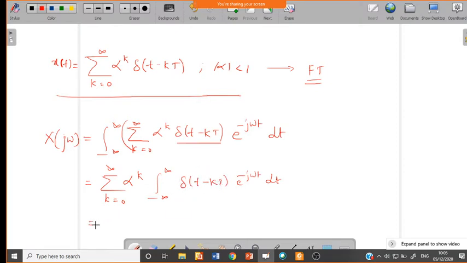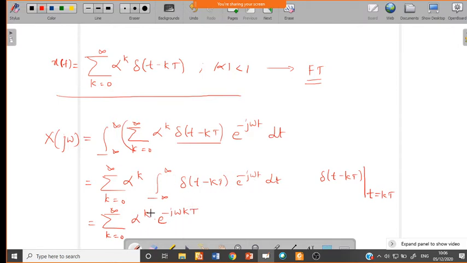So we can write it as summation k equal to 0 to infinity alpha power k into e power minus j omega kT, where del of t minus kT equals 1 when t equals kT.